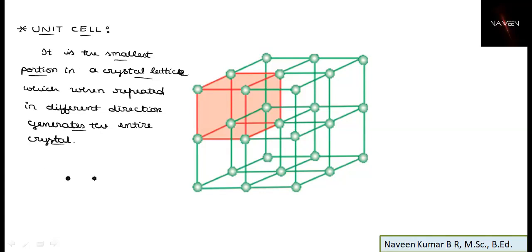I am representing 4 lattice points. Just observe this. So consider these 4. You assume it as the particles which are towards you. So whatever the face, consider these 4 particles behind.